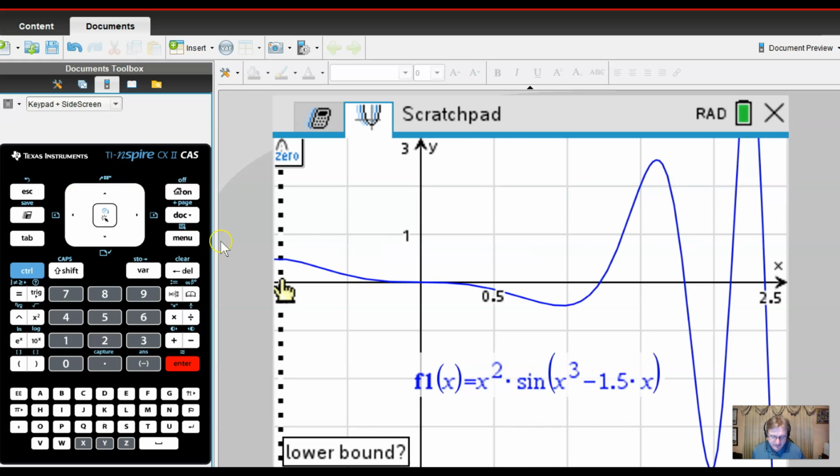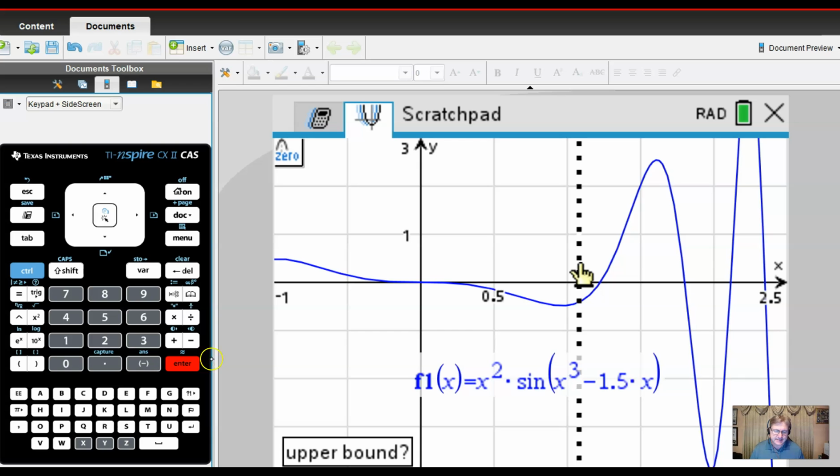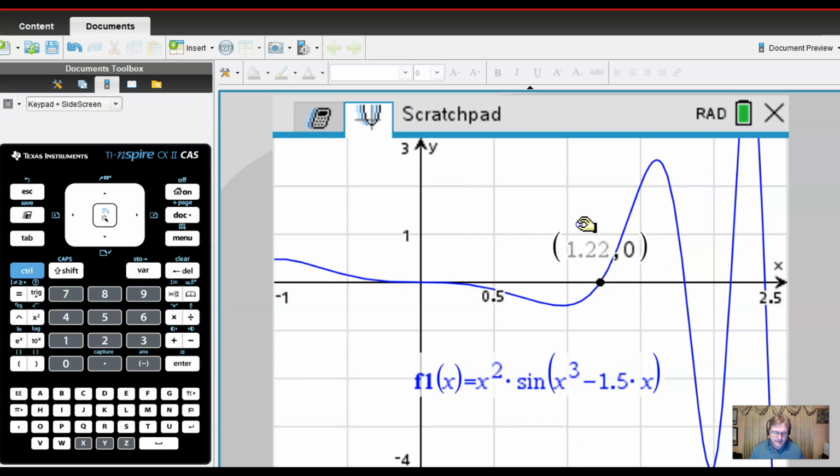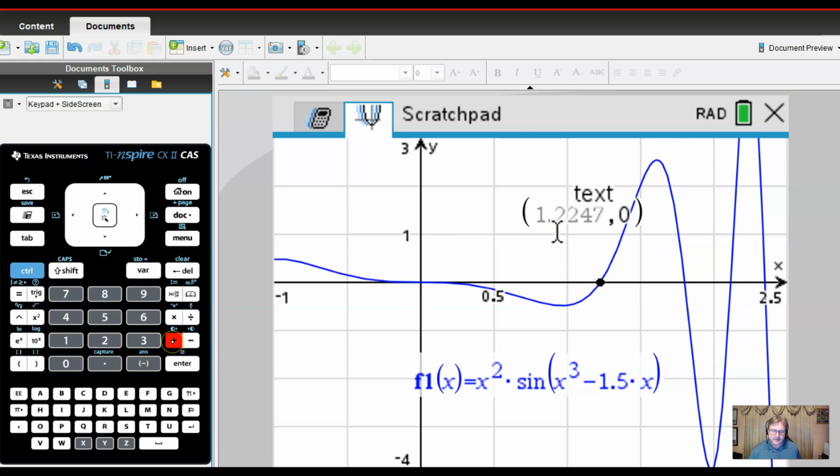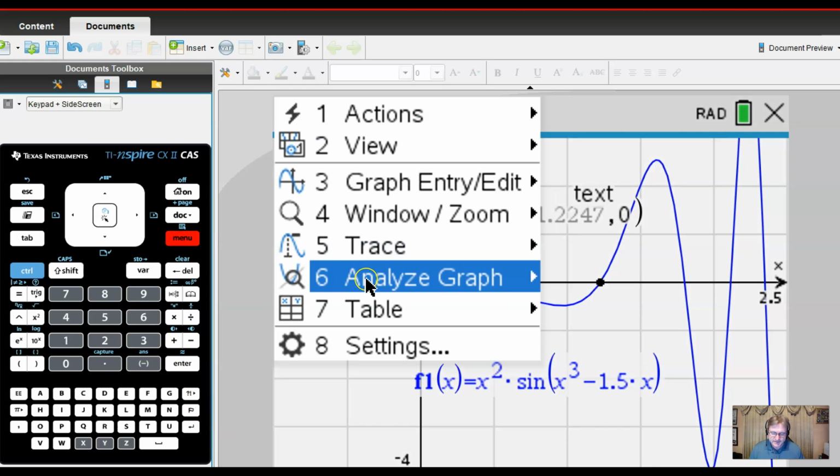On the TI-Nspire, you simply move your lower boundary bar to the left of the first intersection, hit enter, then slide it to the right, and boom, it's going to pick up your first intersection. Now remember, you might have your calculator set up where it doesn't give enough decimal places here. You definitely want to fix that. Hover over it, hit the plus button, and it'll add a couple more for you, and then just repeat the process.